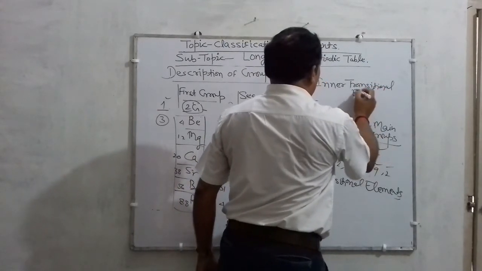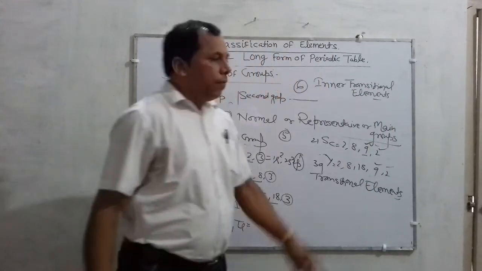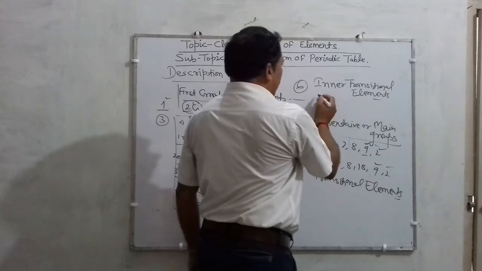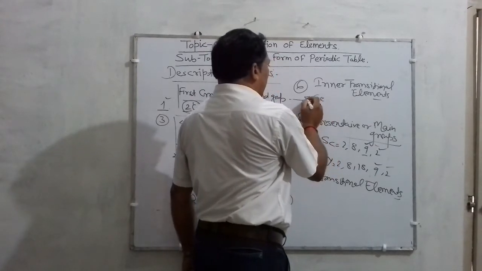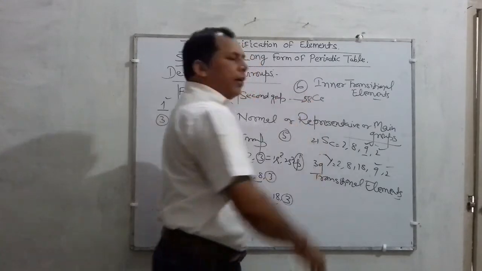For example, suppose I am taking one element, cerium, having atomic number 58, a member of the lanthanide family.